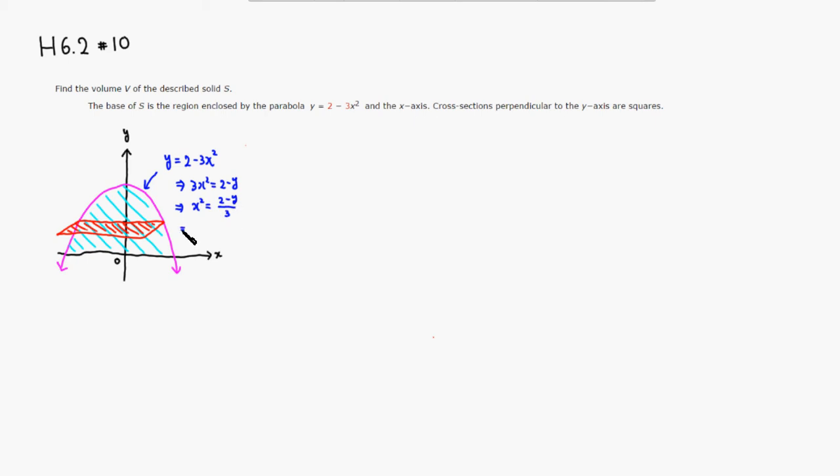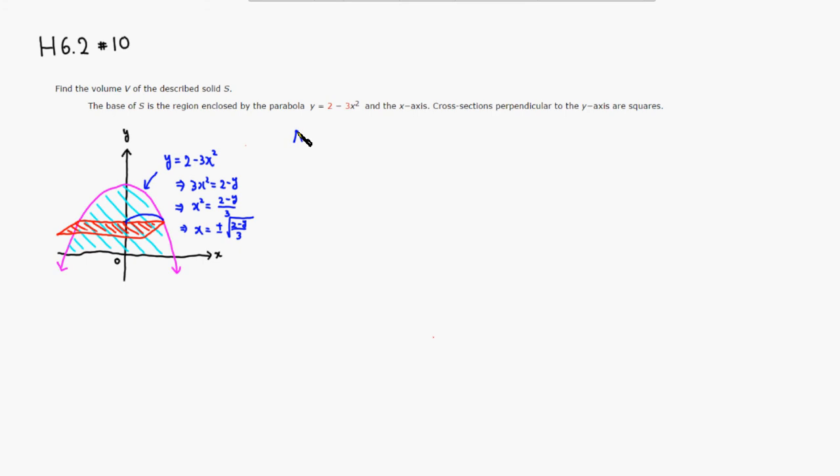Taking the square root, x is plus or minus the square root of (2 minus y) over 3. So the length here can be expressed by the square root of (2 minus y) over 3, and one side of the square is going to be twice as much.